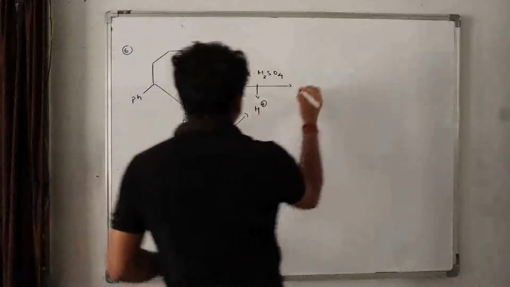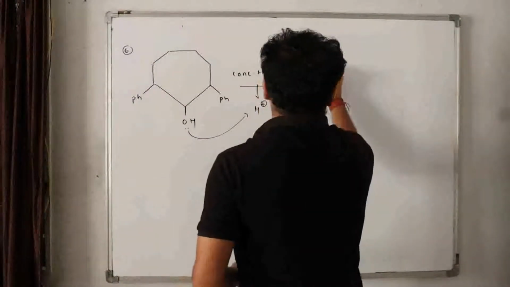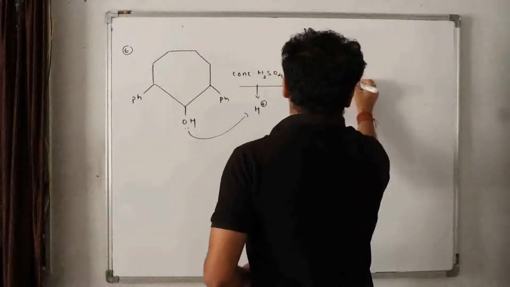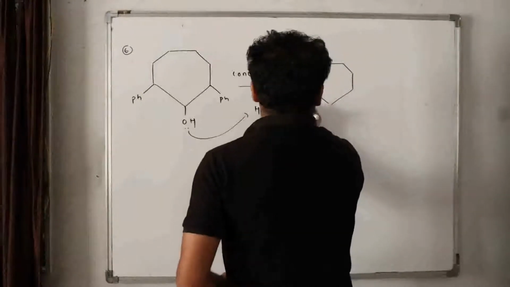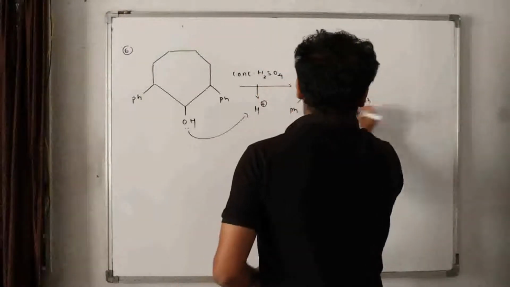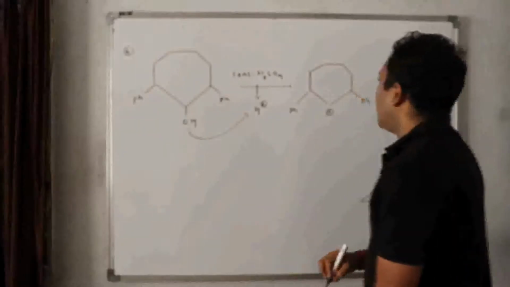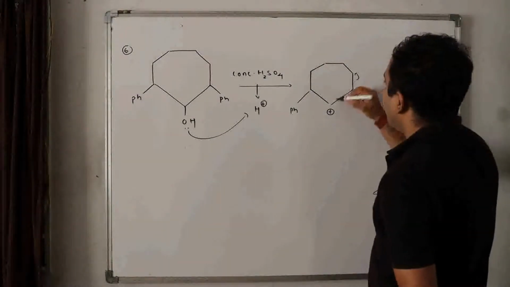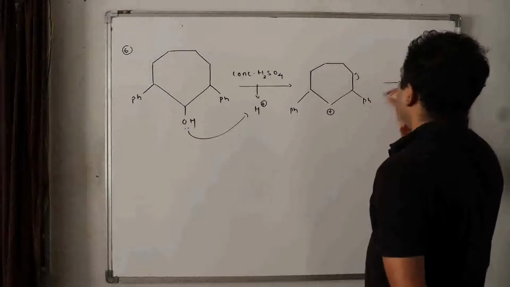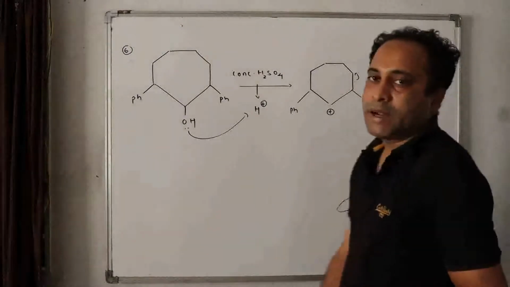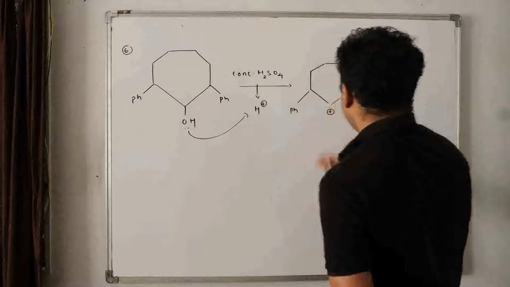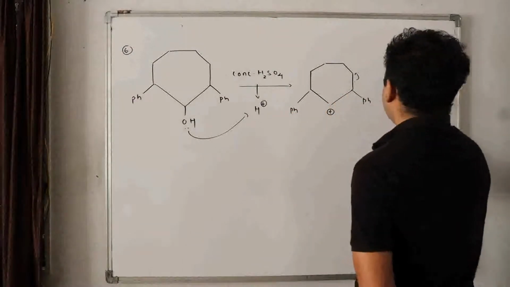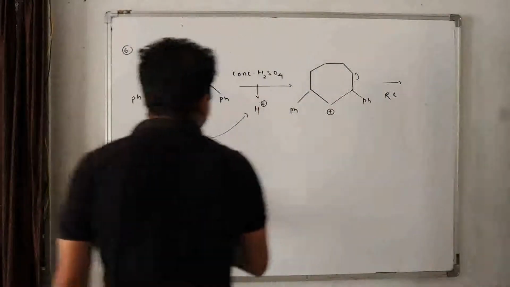Here, removed. Phenyl plus. Can I rearrange this? What will happen? This will come over here and a bond is formed here. Ring contraction, a 7-membered ring with a plus over it, and 2 methyl groups. Ring contraction. So what will happen here?